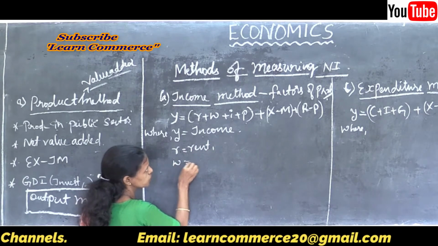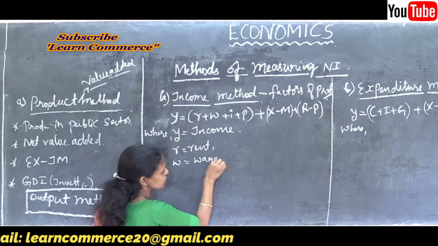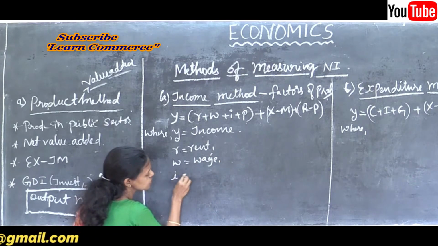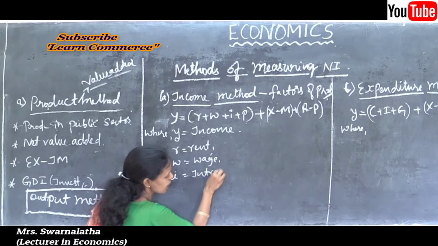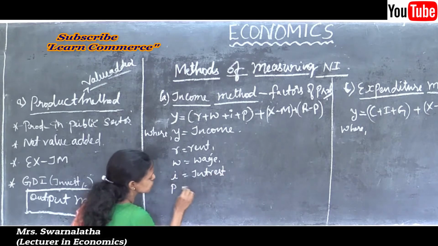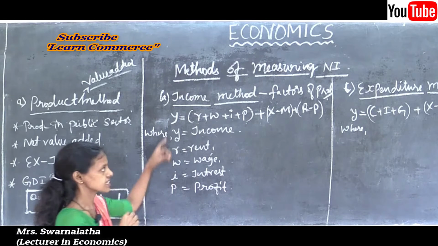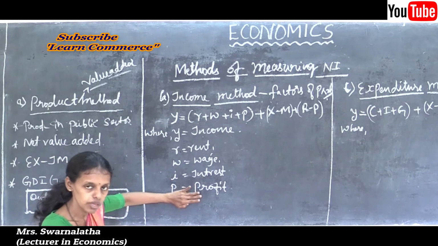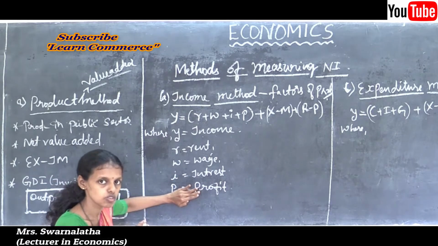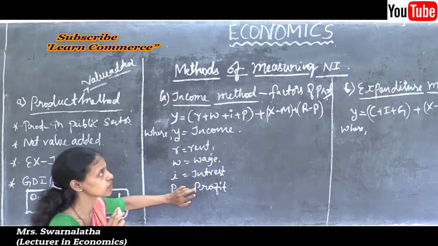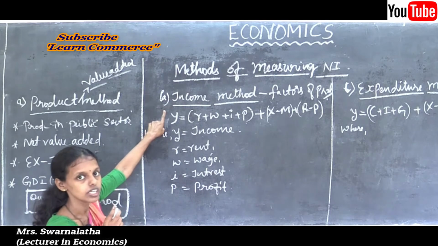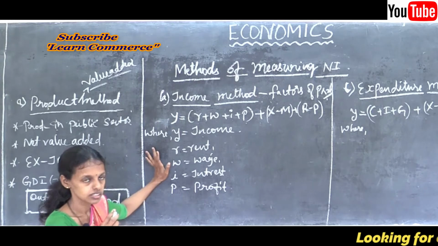W is wage, labor is paid with wage. I is interest on capital. P is profit received by the organization. These are the rewards given to the factor payments. All these factors of production and factor payments are included while calculating the national income through the income method.